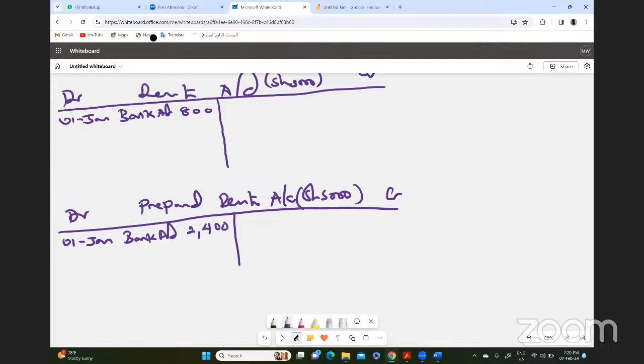Then we haven't passed cash. Sorry, it is bank. We haven't passed bank. So we are going to take it on which side of bank? The credit side of bank. But as we are taking it there, we are going to split also because they are two debits. Class, there are two debits, so we have to split it a bit.